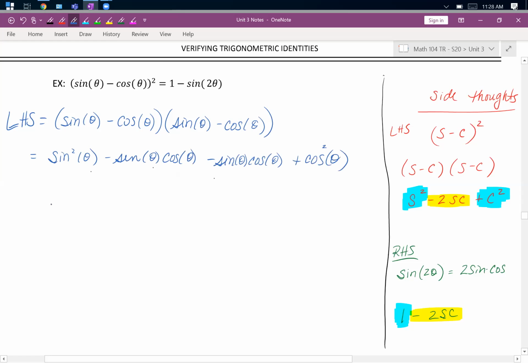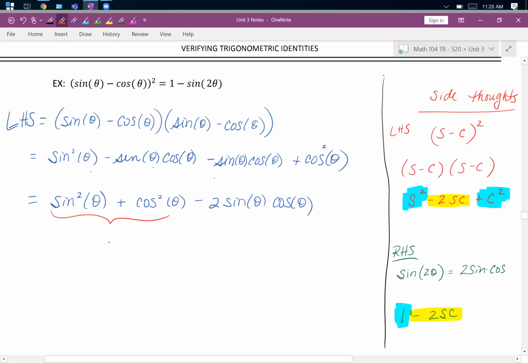Combining our like terms, we're going to get sine squared, and I think I'm going to move the cosine up to the front. So sine squared plus cosine squared minus 2 sine cosines. We already know where we're going here.